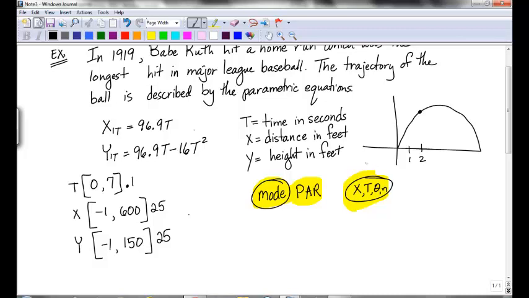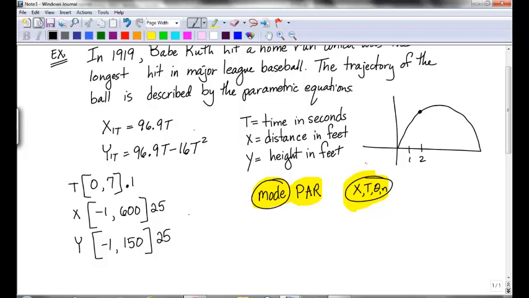Go to window. My t, I'm going from 0 to 7 seconds and 0.1. If you really want to slow it down, go every 100th of a second. That means it's plotting a point every 100th.